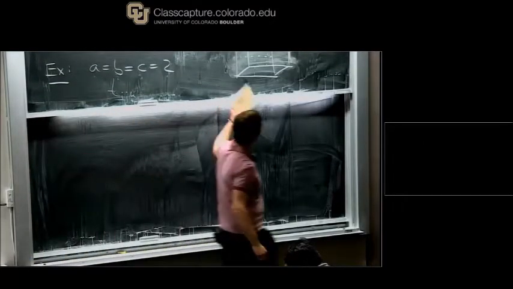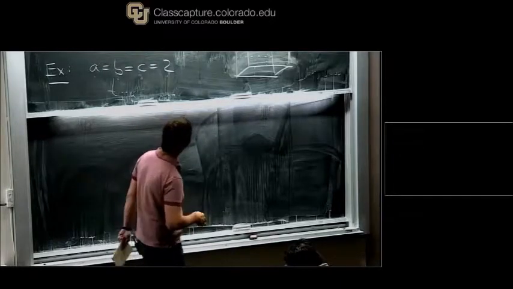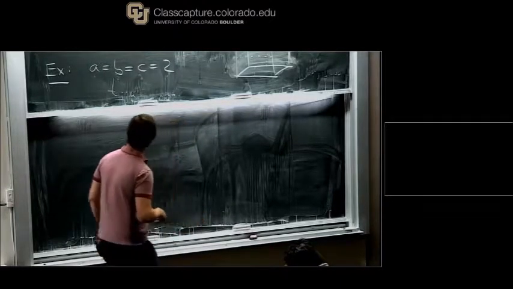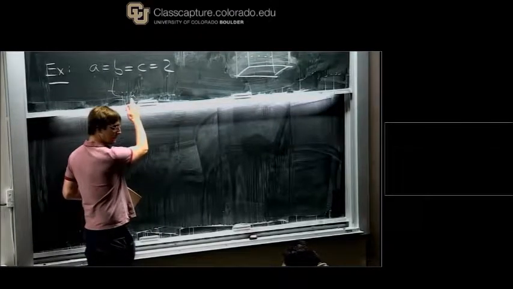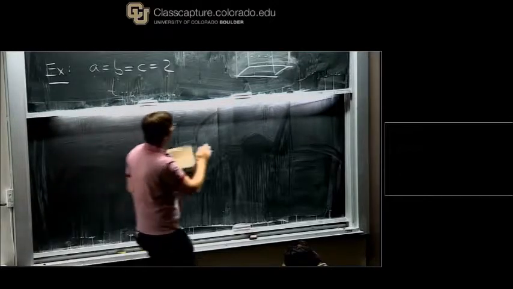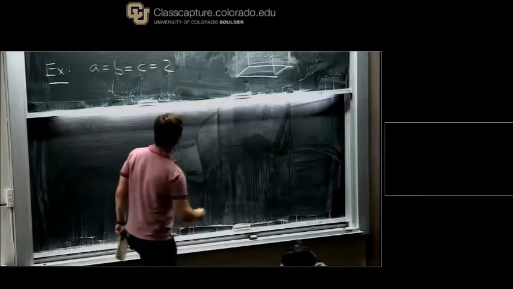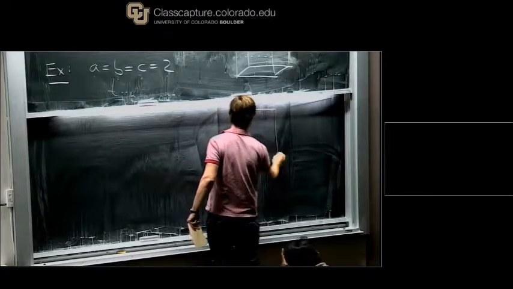So I could, for instance, to make my life a little easier of drawing this cube, say, well, okay, let me now fix the last index to say 1, right? And then I just have a matrix. So it's like one of the 2 matrices.